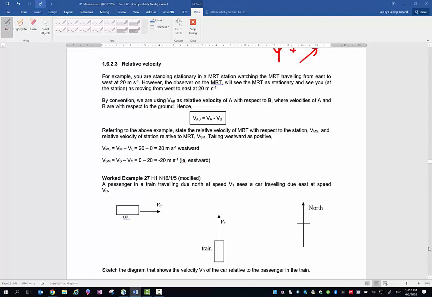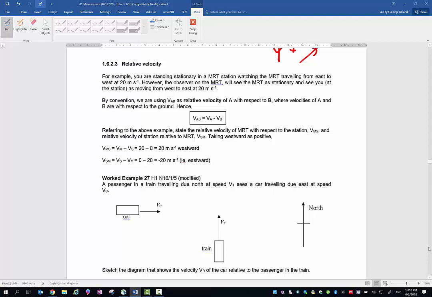If the MRT is traveling at 20 meters per second, you look at it that it is traveling at 20 meters per second. But if you're standing on the MRT itself, even though the MRT is moving, what you see of the MRT is as if it is stationary, because both the MRT and you are traveling at the same speed.